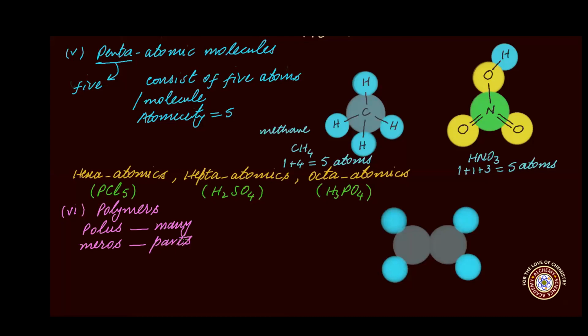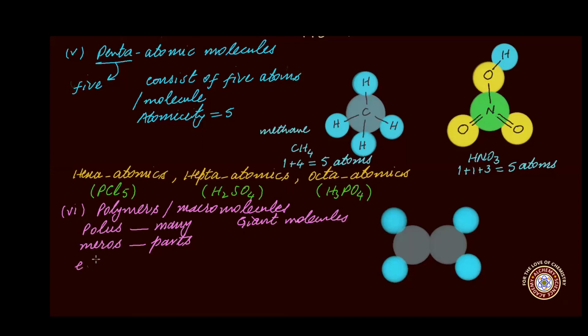So it means that many simple molecules repeatedly link up together to form polymers. Polymers are also called macromolecules or giant molecules.